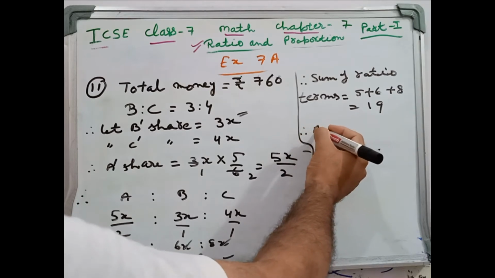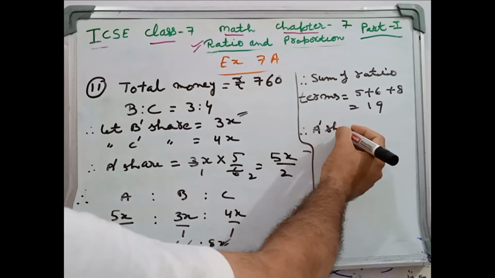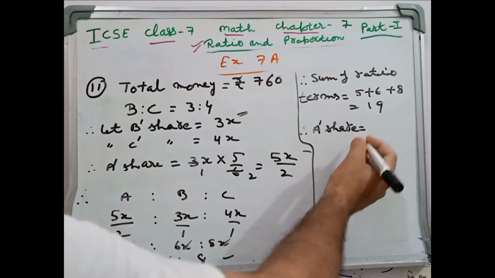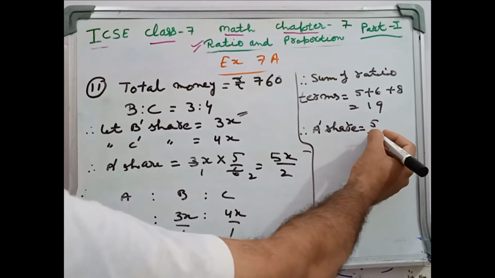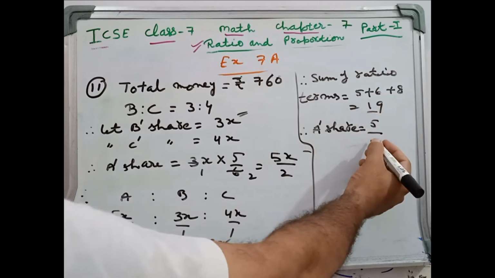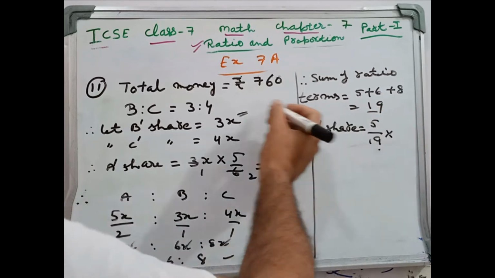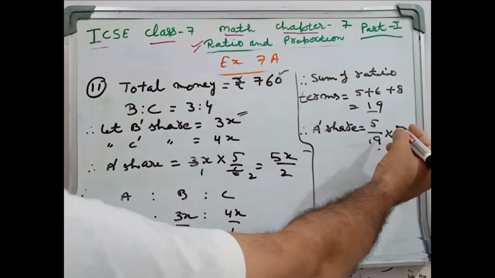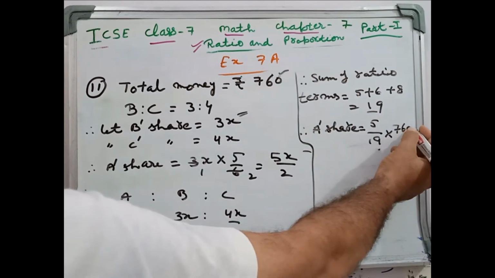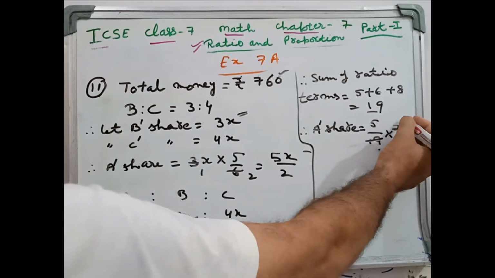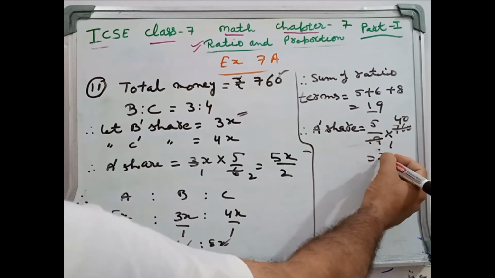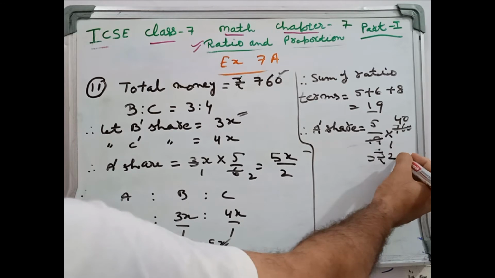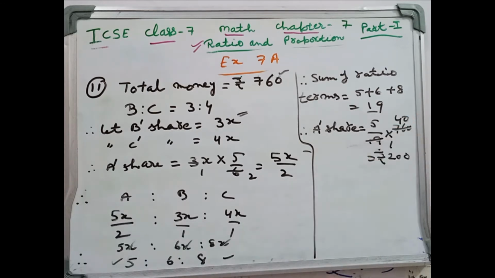Therefore A's share will become: A's ratio is 5, so we take 5 upon 19, the ratio terms total, multiplied by the total money to be divided, 760. 19 ones are 19, 19 fours are 76. So this has become rupees 5 fours are 20, 200.